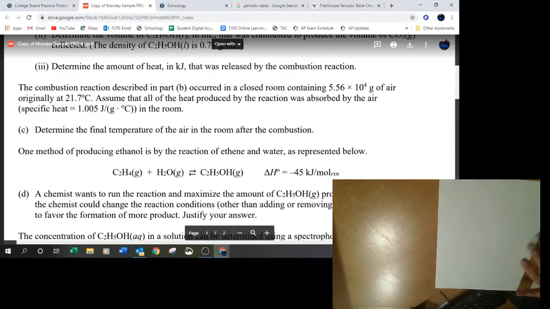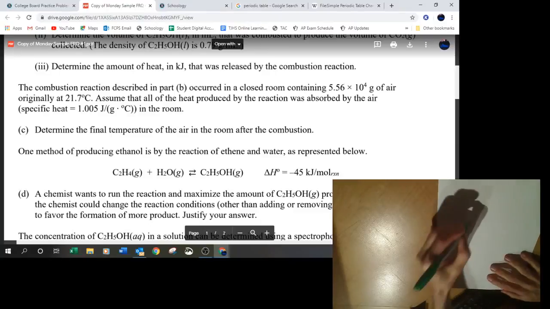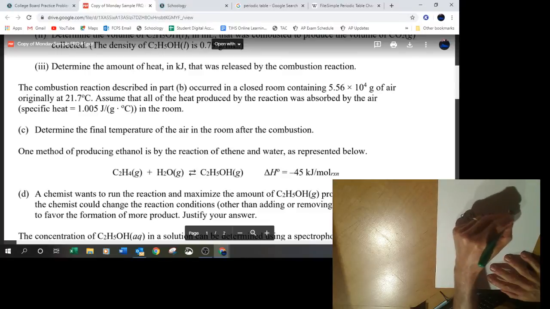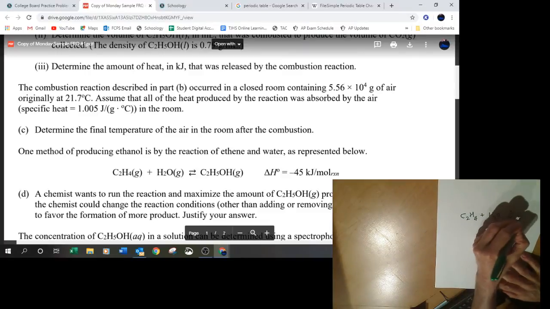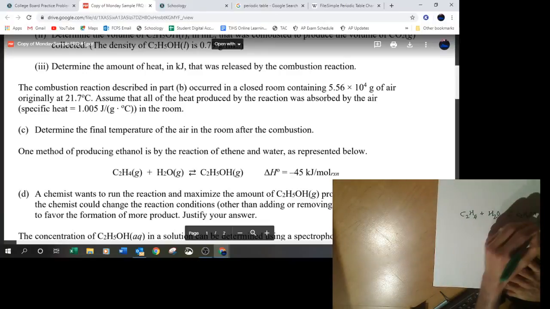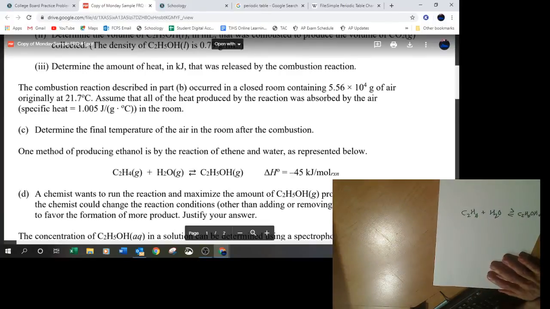So first what I would say is we're starting with a double bonded ethene reacting with water, and they're saying it's at equilibrium to make ethanol. Now, it gives us a del H. Del H being negative 45 indicates that the energy is being produced. We can kind of include it on the product side.